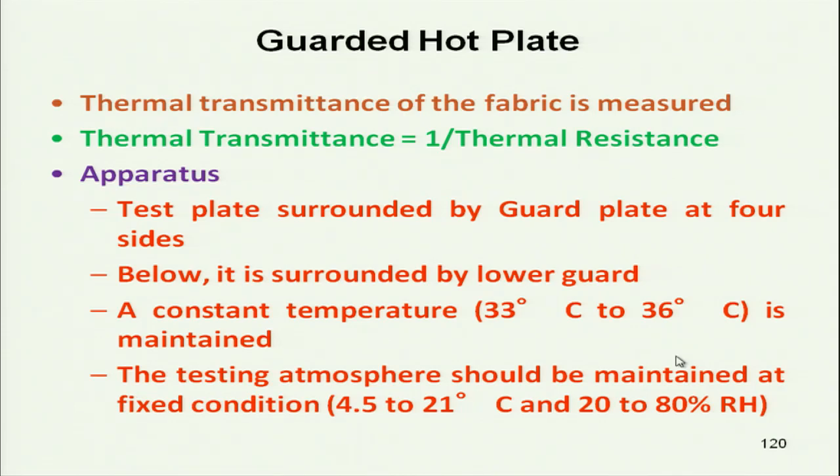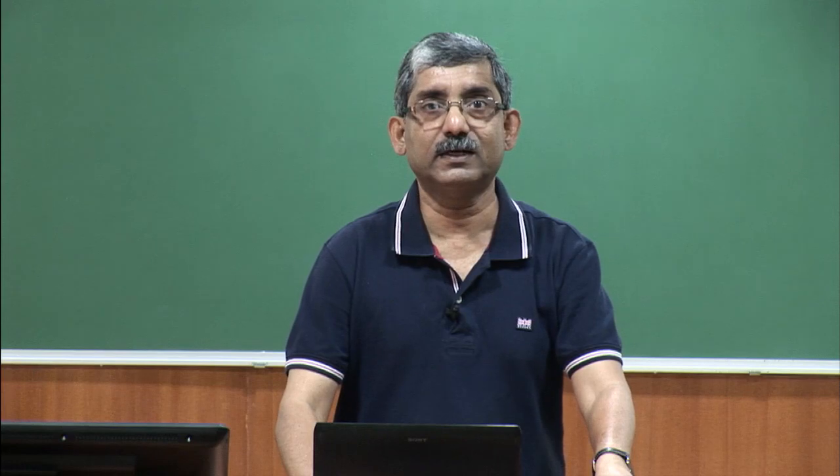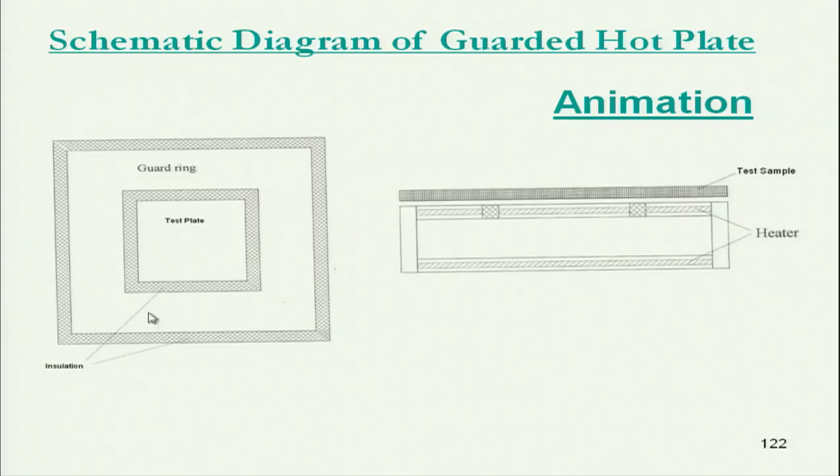As I have mentioned here, we try to direct the flow of the heat. So, here we will see we have the test plate, this is the insulating material, and one is the guard plate.